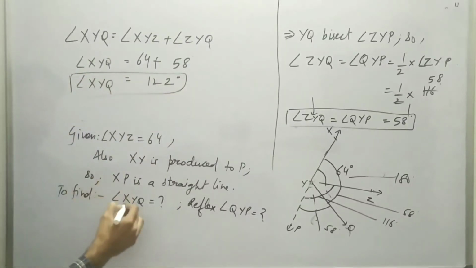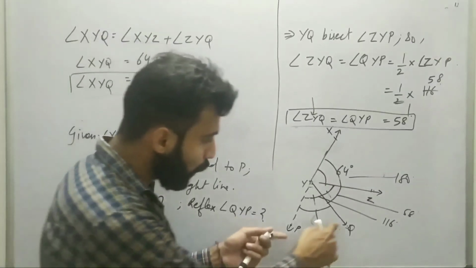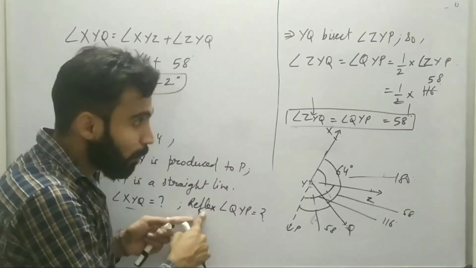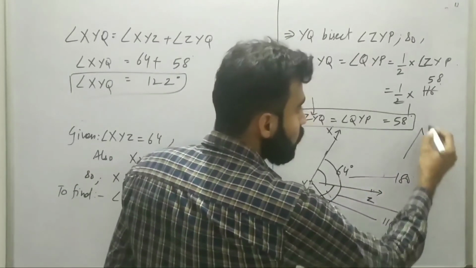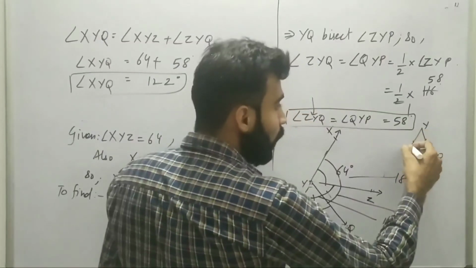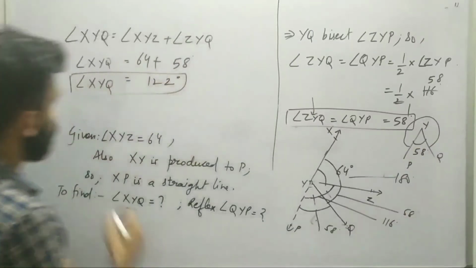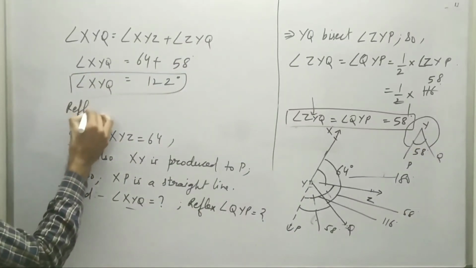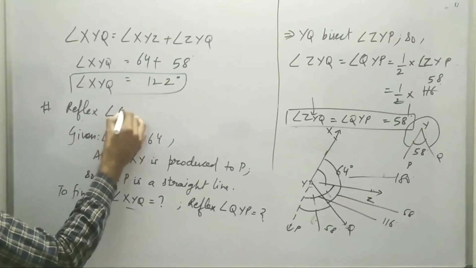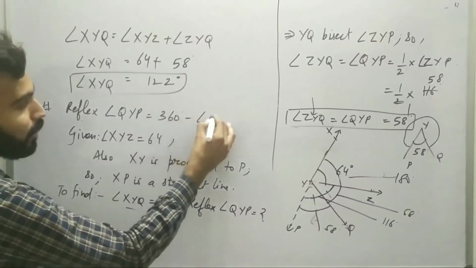Now we have found this angle. Now the remaining angle is angle QYP. Now we know angle QYP is 58. We have to find out reflex angle QYP. Now I've told you, like this QYP. Now QYP is given to us as 58. So how will we find out this angle? Simply subtract this from 360 degrees. So reflex angle QYP is equal to 360 degrees minus angle QYP.